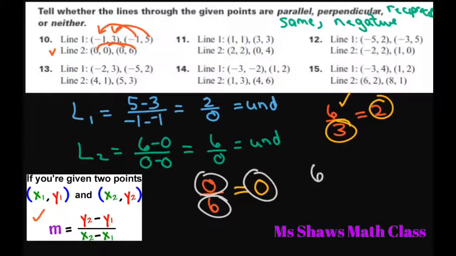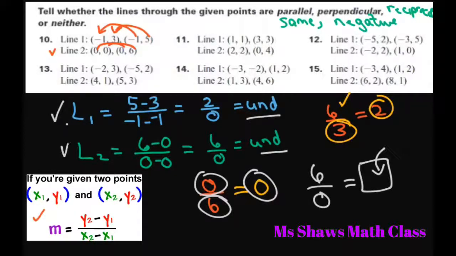But if you had 6 over 0, there's nothing we can put in this box that's going to give you a 6, because 6 times 0 is 0, 0 times 0 is 0. So that's why it's called undefined. Both of these lines are vertical lines if you graph them.